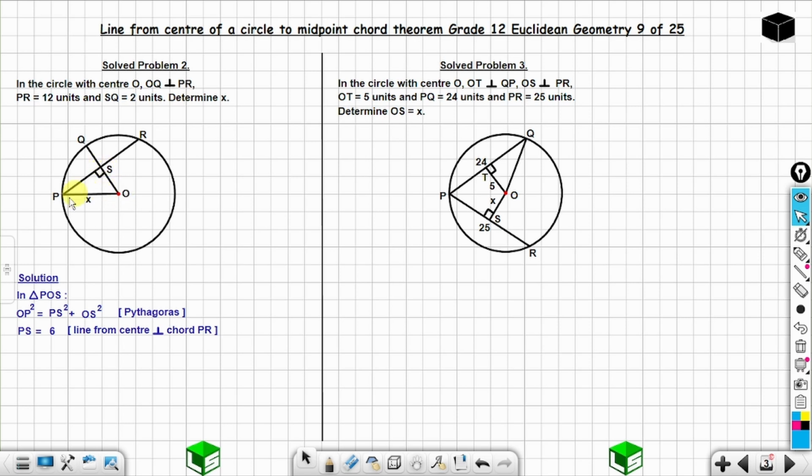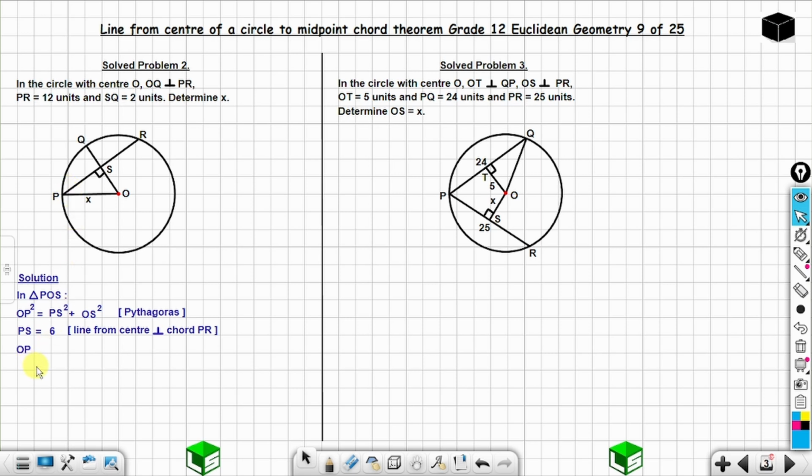Can you see OP is a radius and OQ is also a radius? So if OP is equal to X, OQ is also equal to X because these are equal radii.